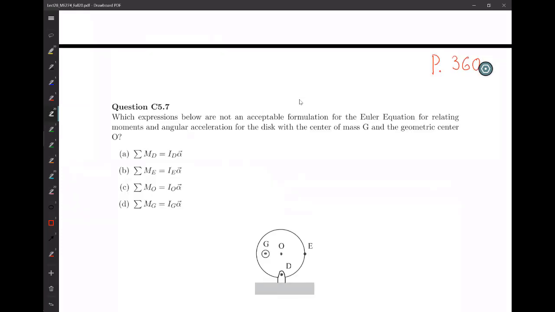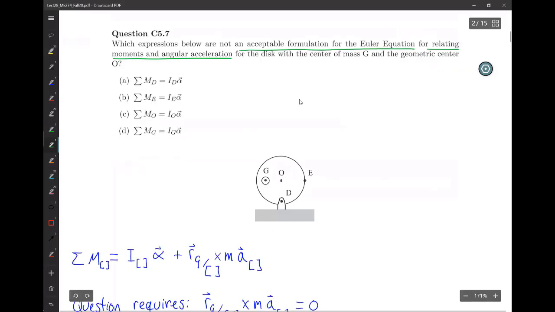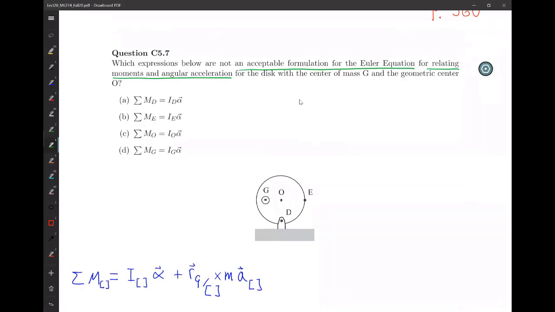And then what we need to find is which of the ones below are acceptable formulations of the Euler equation for relating our moments to the angular acceleration, right? You remember the Euler equation has two terms on the right-hand side. One is the moment of inertia of the body times the angular acceleration.